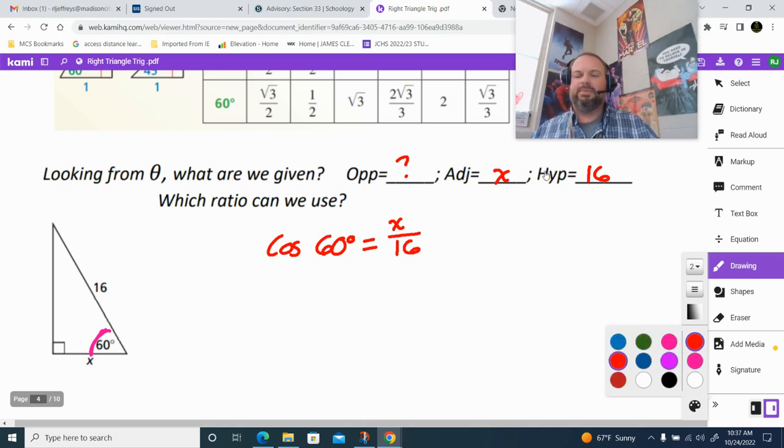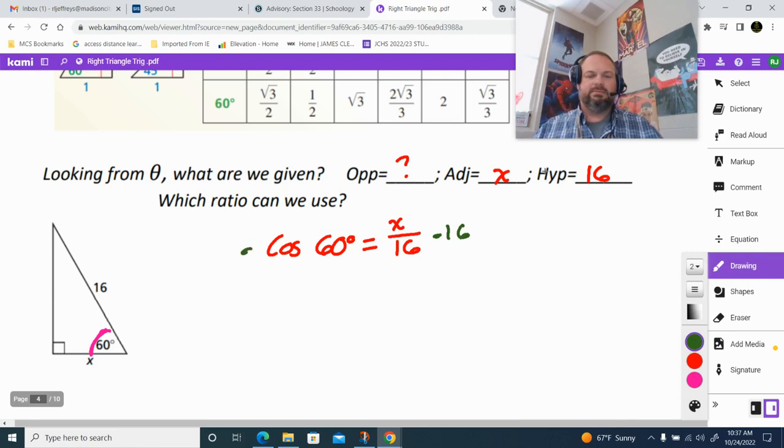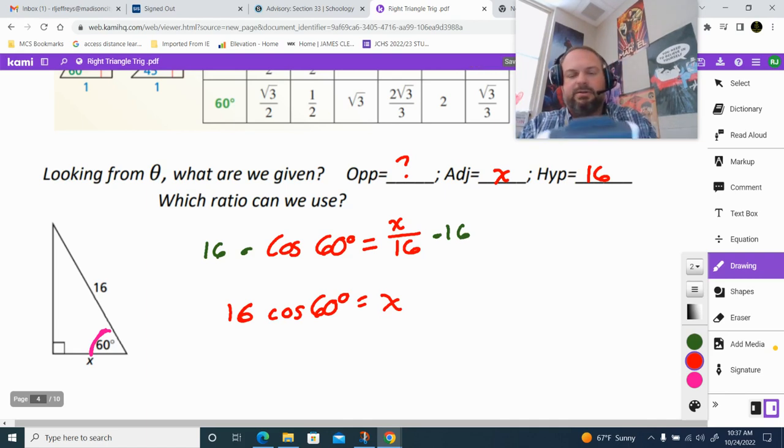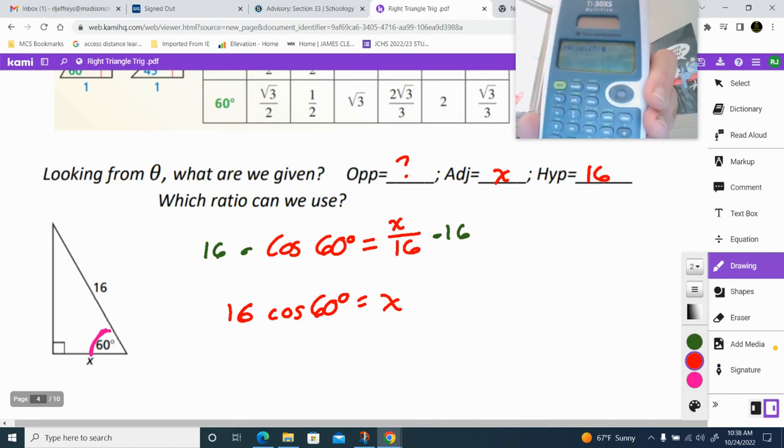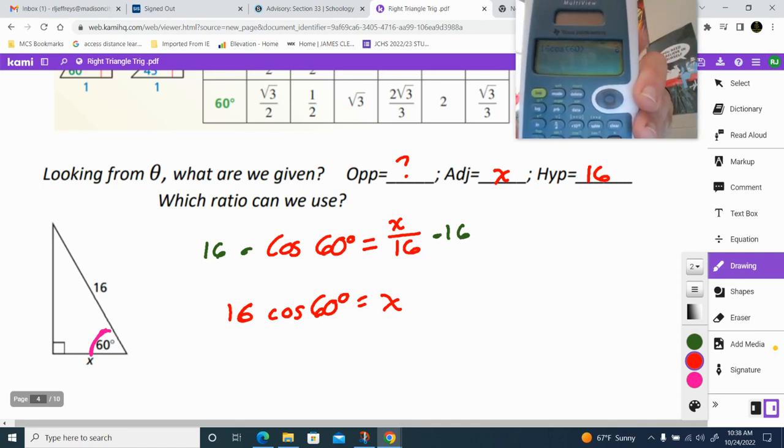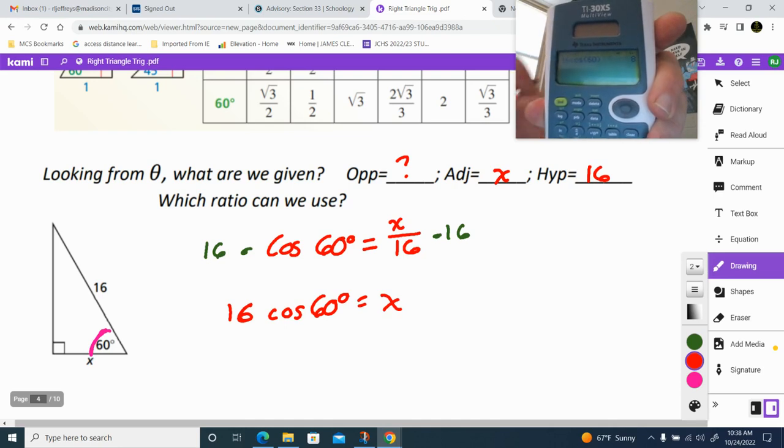If we multiply both sides by 16, we have 16 cosine of 60 degrees equals x. Now we can plug that in. Make sure that your calculator is in degree mode. 16 cosine 60. If you're using a calculator, it would look like this. We just plug it straight in and get 8.